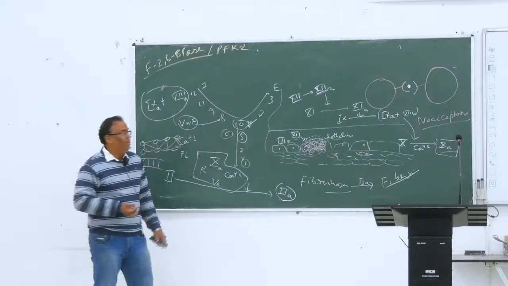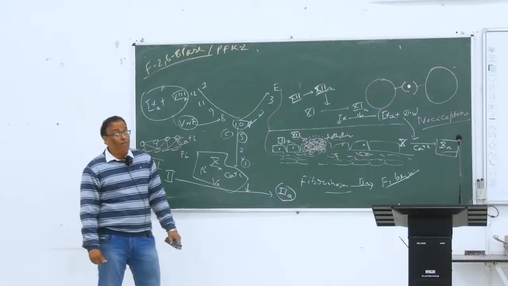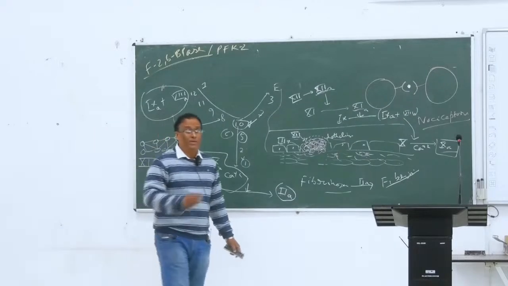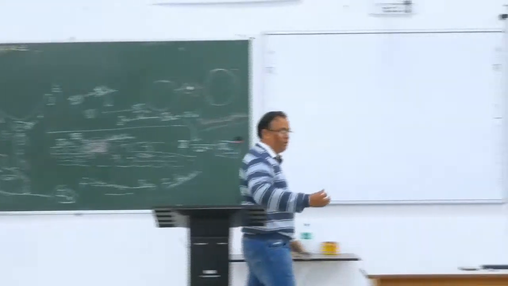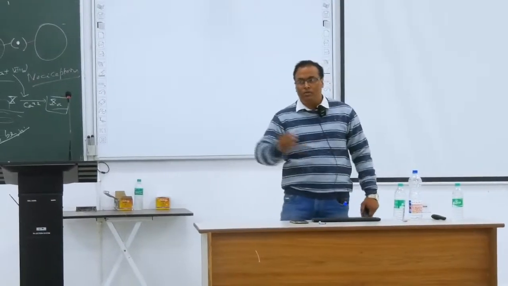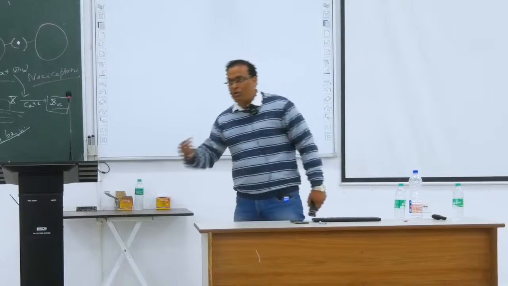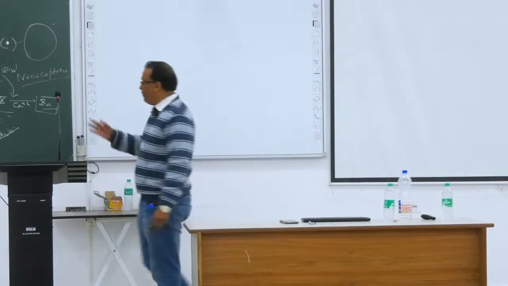If it is unstable, then the activated form of factor 10 will not form. If it is not formed, then the prothrombinase complex will not form. If the prothrombinase complex is not possible to form, then we fail to convert prothrombin to thrombin. If prothrombin to thrombin fails, then fibrinogen to fibrin will not occur.